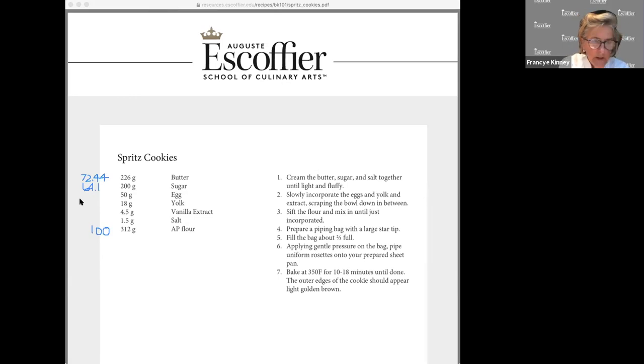Okay, so 50 grams of egg divided by 312 grams of flour, times 100 to put it in percentage form, gives us 16.025, which we will round to 16.03.